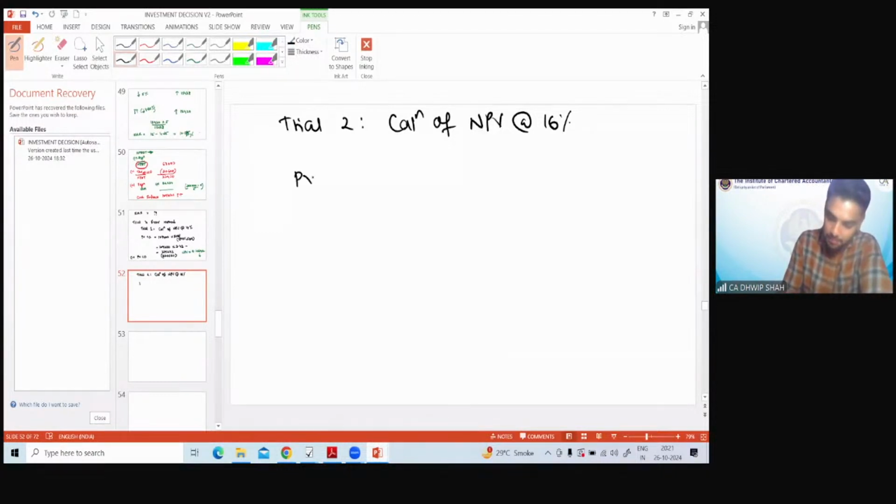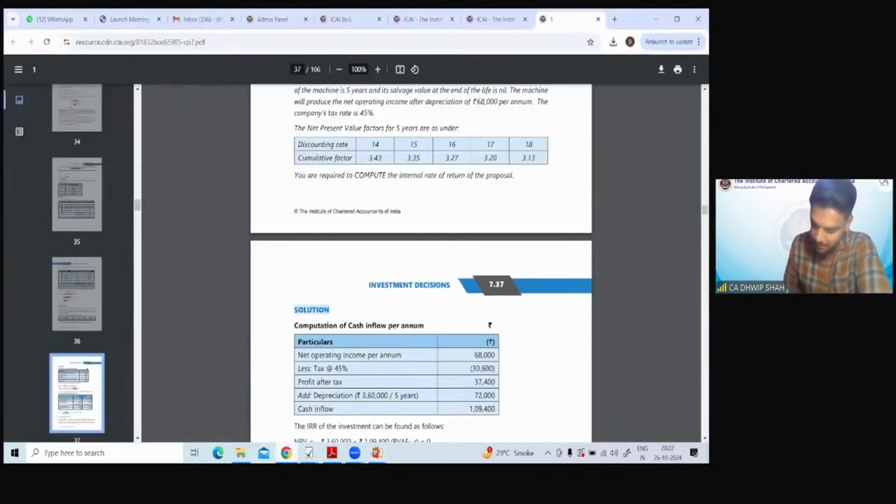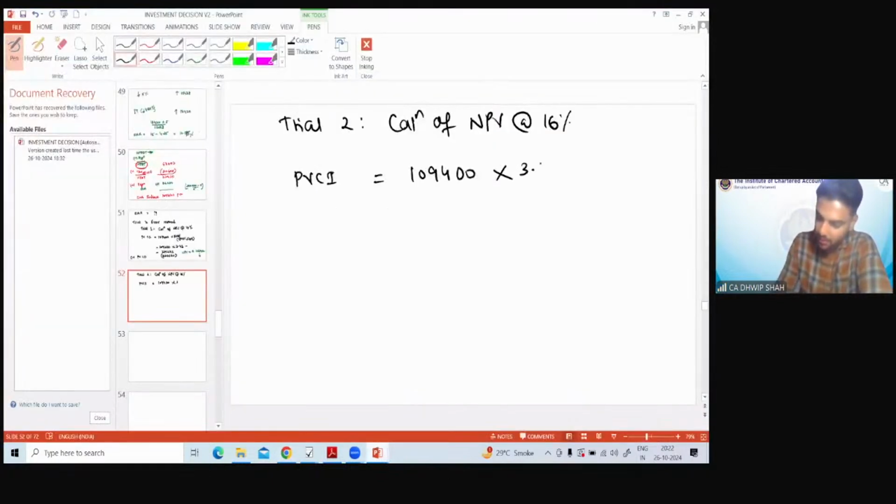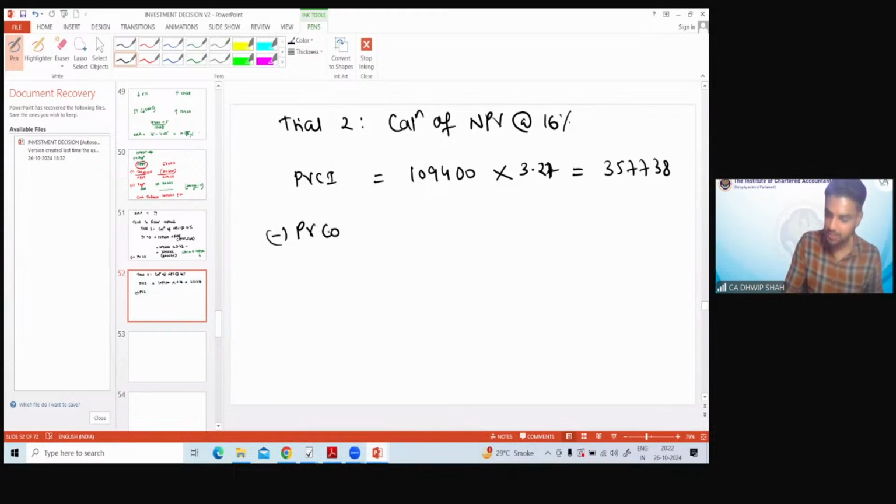Again, PVCI will be 109,400 multiplied by the PVAF factor. At 16%, it is 3.27. So my PVCI comes to 109,400 into 3.27, which is 357,738, less PVCO of 360,000.